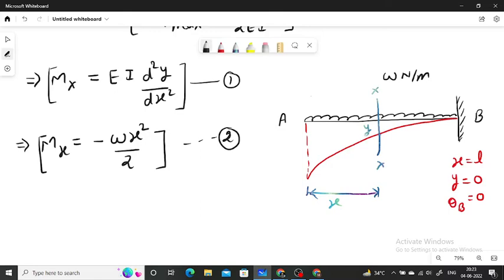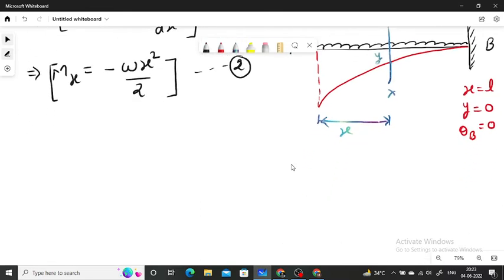Equating both the equations, EI d2y upon dx square will be equal to minus wx square by 2.